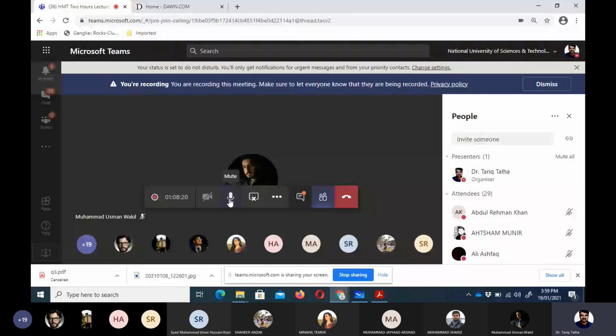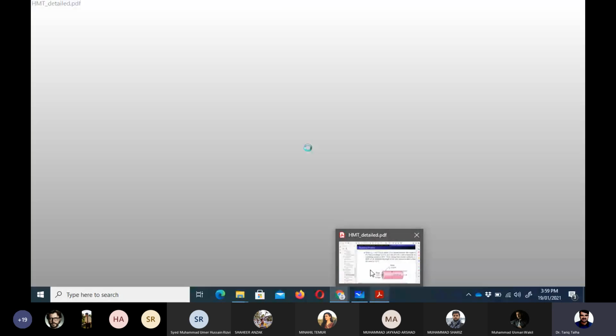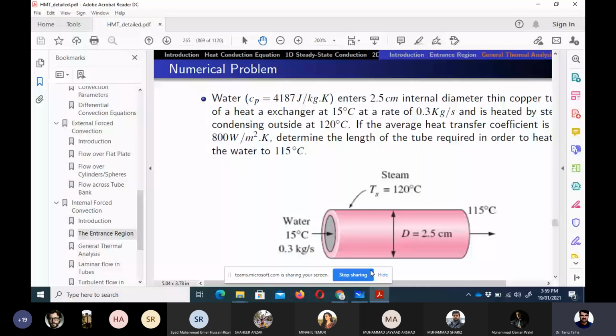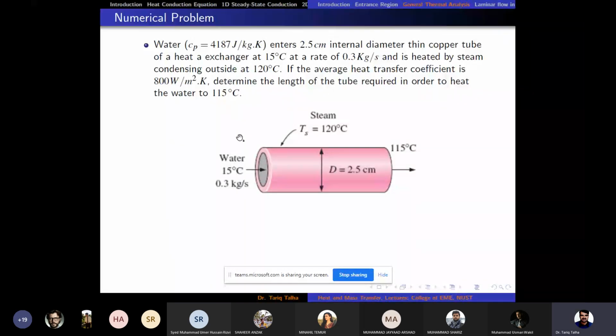Okay, so we were discussing general thermal analysis before the break. So let's do one numerical problem to see how we can apply that knowledge in a physical problem.